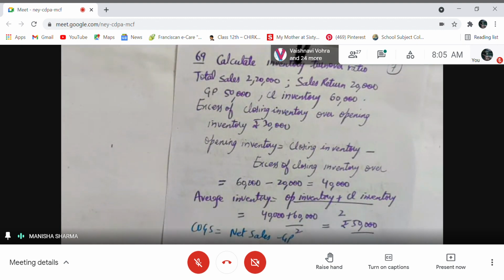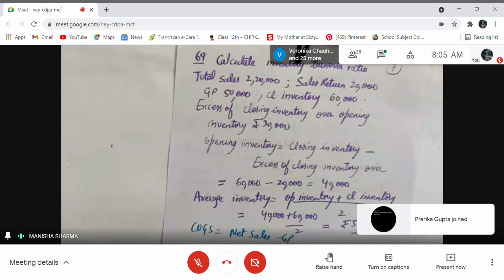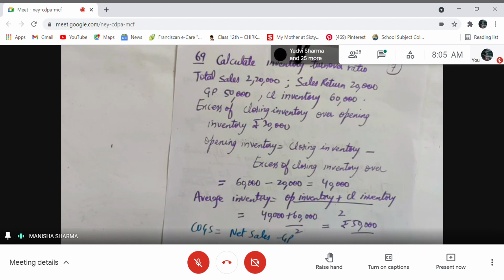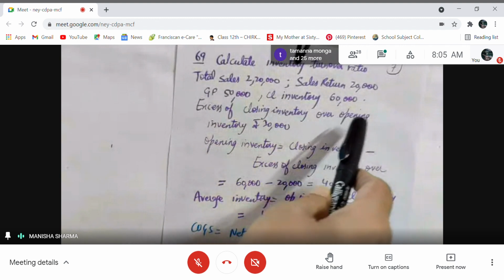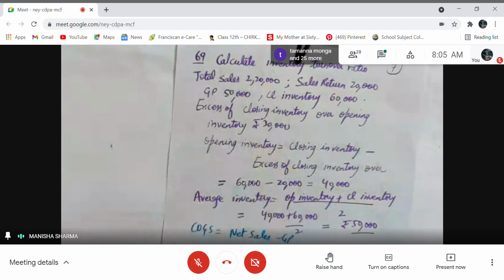So these sums, which we will be doing now, are related to closing inventory and opening inventory, right? It is given that the excess of closing inventory over opening inventory is 20,000. It means closing inventory is in excess over opening by 20,000.